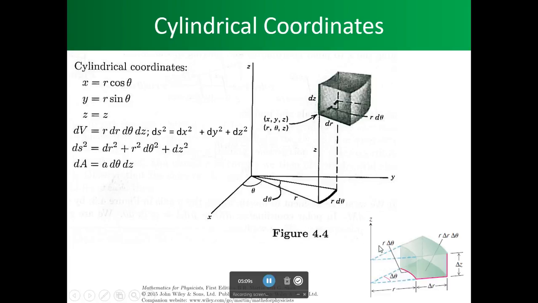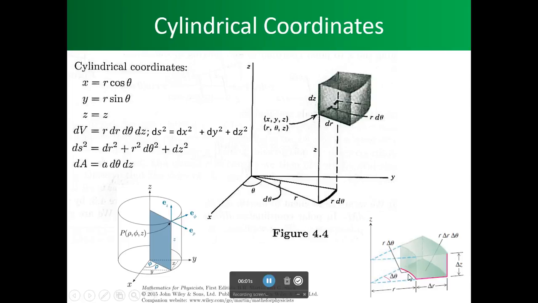This line is r d theta, and this line here is dr. And so when we have this formula, we have our volume, which is showing here: our r dr, then our d theta, and then we have our dz.